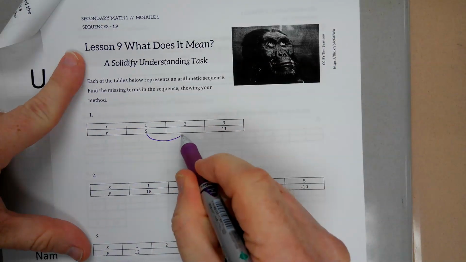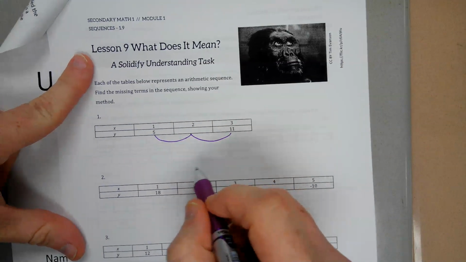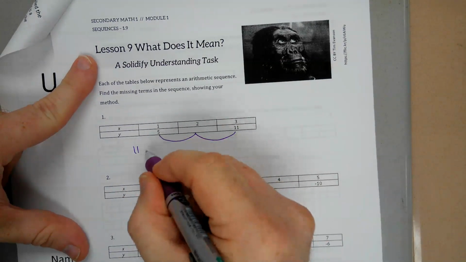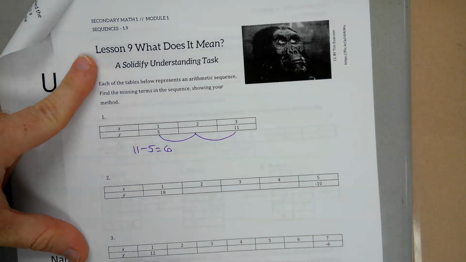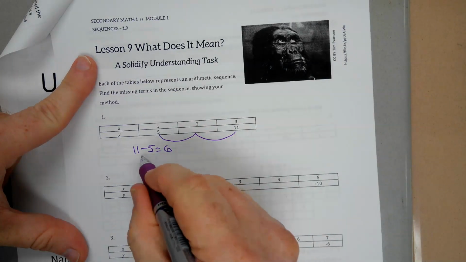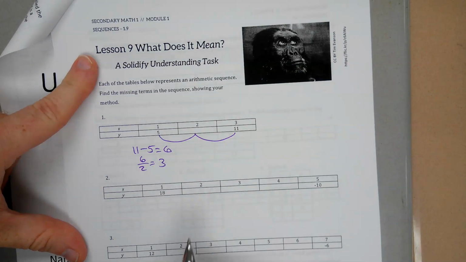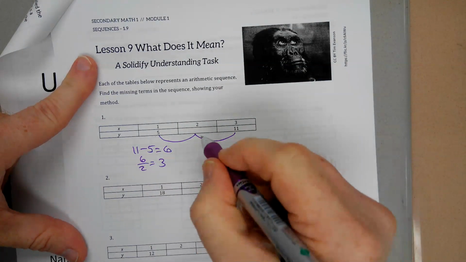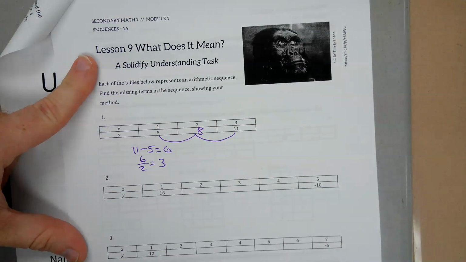It takes 2 skips. So, 11 minus 5 is 6. And then 2 skips. 6 divided by 2 is 3. 5 plus 3 is 8. 8 plus 3 is 11.